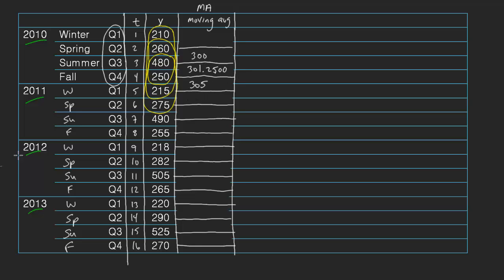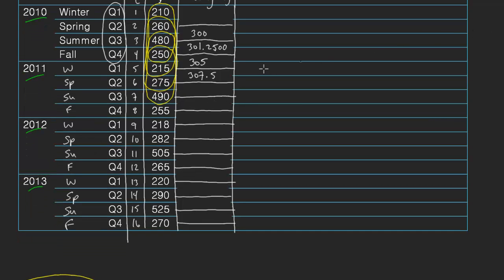And then the next moving average, if I keep going down this way, is going to be 307.5, and so on. So hopefully you get the idea here. Let me do the next one manually. Let's do this in a different color so you can see where I'm starting.